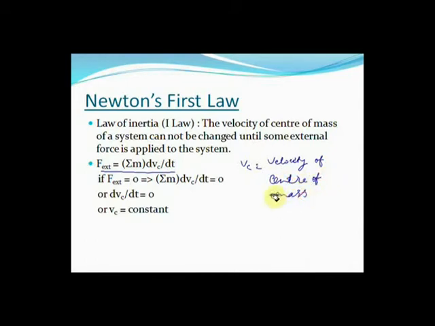Now let's see what happens when there is no external force, that is F external is 0. So in this case, sigma m into dVc by dt will be equal to 0, or dVc by dt will be equal to 0, which means that Vc is constant. So in the absence of an external force, the velocity of center of mass is constant, which is the same thing as stated in Newton's first law.